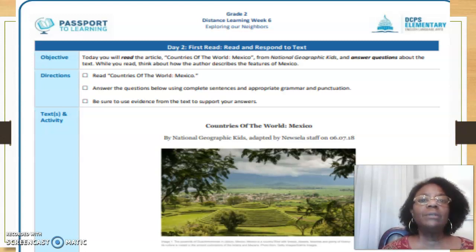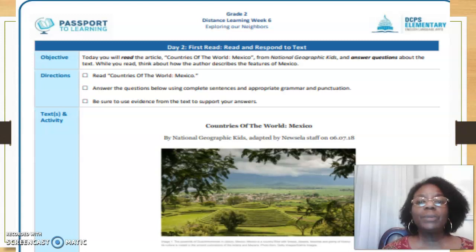While you read, we're going to think about how the author describes the features of Mexico. So the directions are to read Countries of the World, Mexico, then answer the questions using complete sentences and appropriate grammar and punctuation. Then we're going to be sure to use evidence from the text to support our answers.